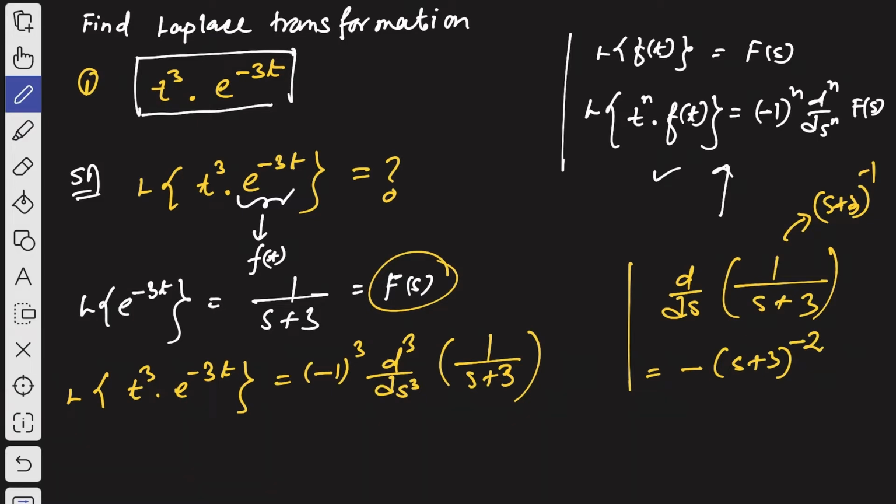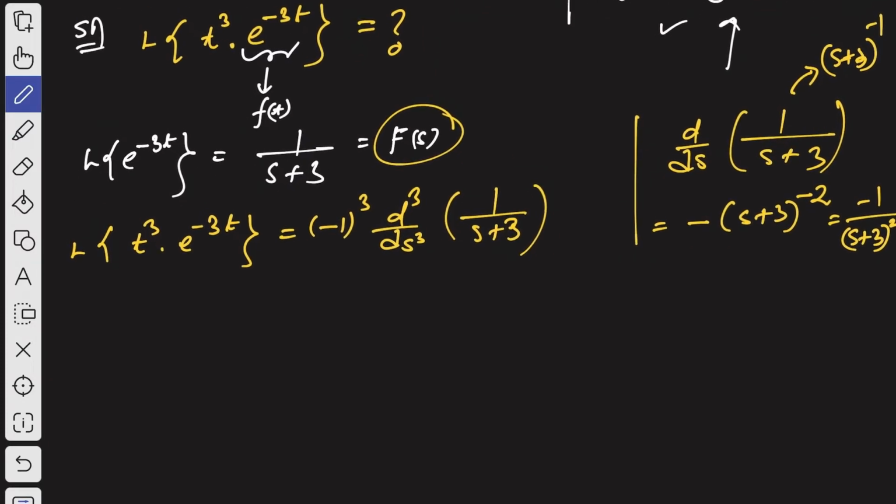So you can simply write minus 1 by s plus 3 whole square. Let me scroll down the page. Then you will get minus 1 cube, which is minus 1 simply, and after differentiating once you get the first derivative.